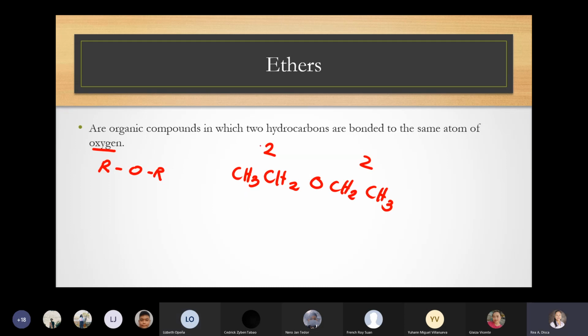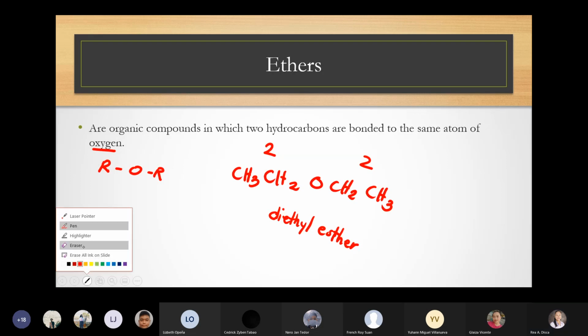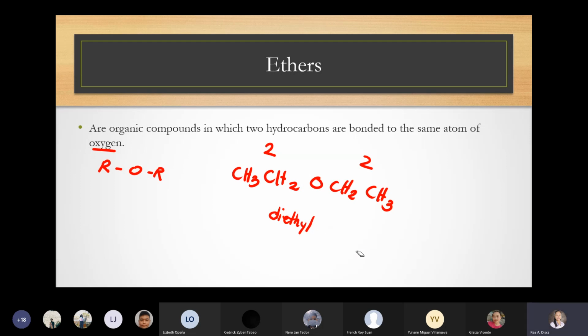Tama? So, meron tayong dalawang ethyl dito. So, ang pangalan nito is diethyl ether. Nakuha? Okay, so this would be diethyl ether. Okay, nakuha, class? Yes, ma'am.